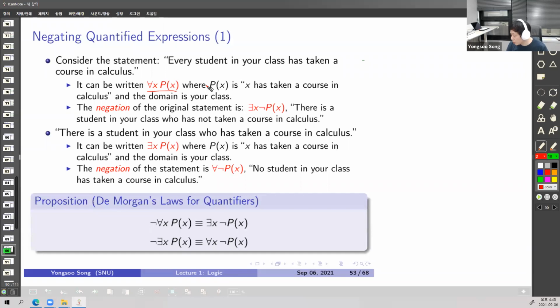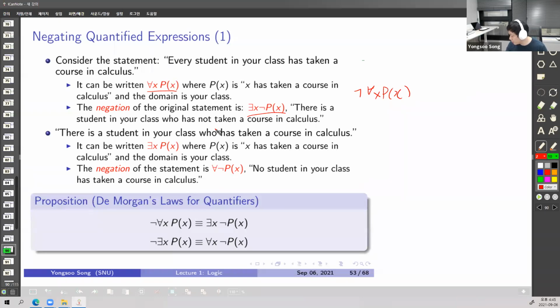The negation of this original statement can be written as not for all x, P(x). But you can see that this is actually equivalent to this statement: there is a student in your class who hasn't taken a course in calculus.